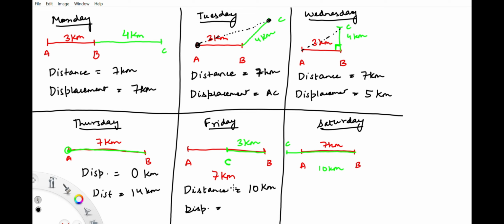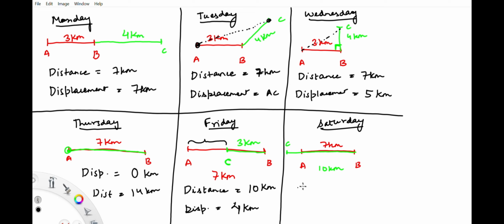But if I am to calculate the displacement, which is the shortest path between A and C, I need to know about this path. If the entire red line was equal to 7 kilometers and this person reverses along the same path by 3 kilometers, so I am left with AC, which is the displacement undergone by this person, which is 7 minus 3, and it's equal to 4 kilometers.